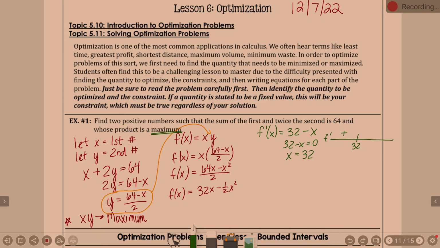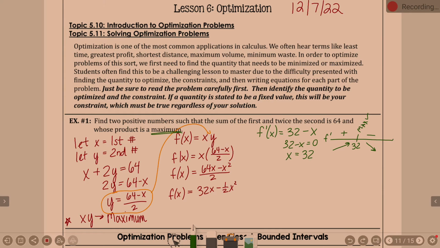We plug in a number bigger than 32. 32 minus a number bigger than it is going to be a negative. Does that verify it's a max? Yes, because the sign of my derivative changed from positive to negative, which does indeed verify it is a max. Okay?